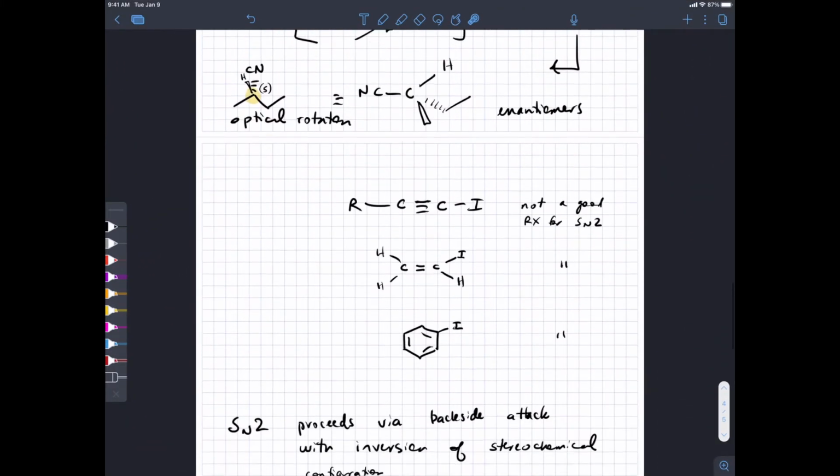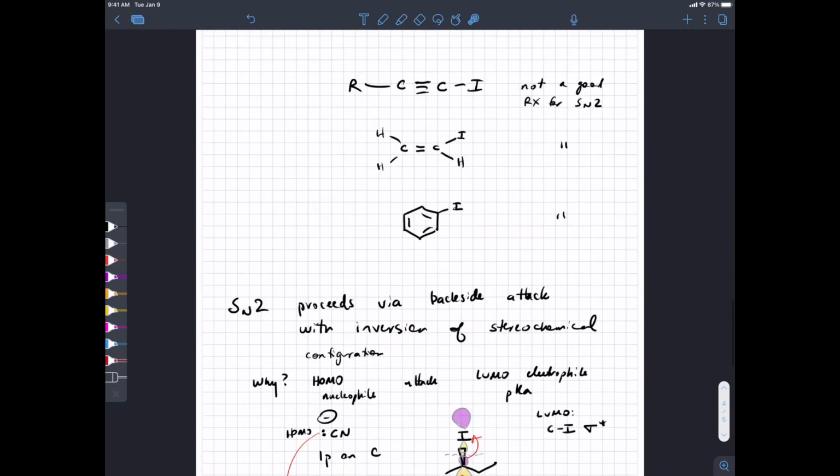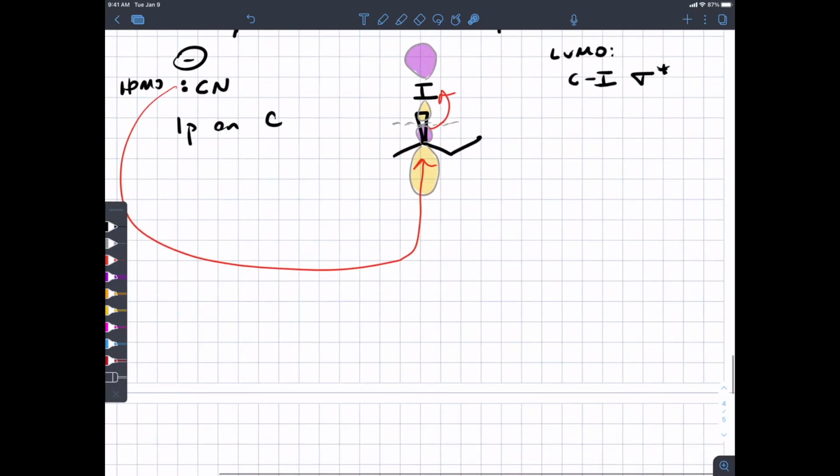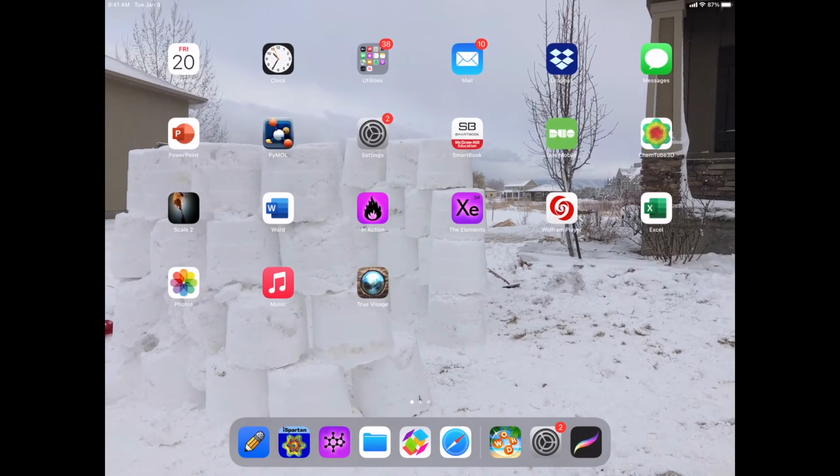Sure. Okay, so where did we draw? There, sure. So if we attack at the carbon, we form a new CN bond, and I minus is the leaving group.